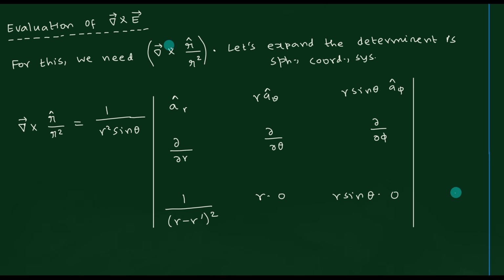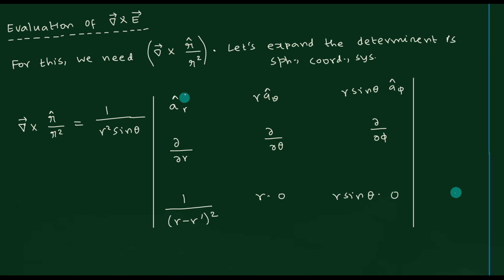Because del cross is in spherical polar, this is multiplied by 1 into r into a theta and r into sin theta. So what is that product? 1 times r, then multiplied by r sin theta, you get r square sin theta, right? That expression will come here.